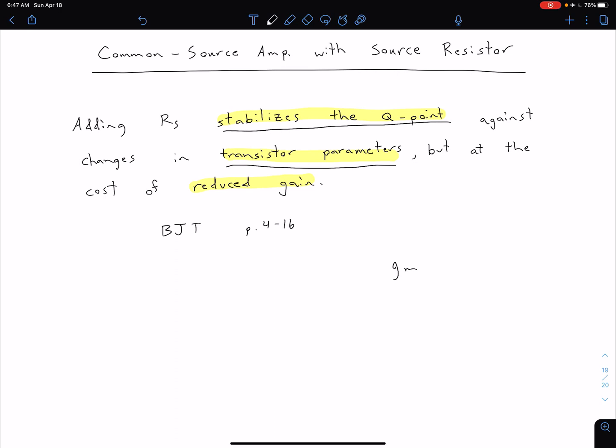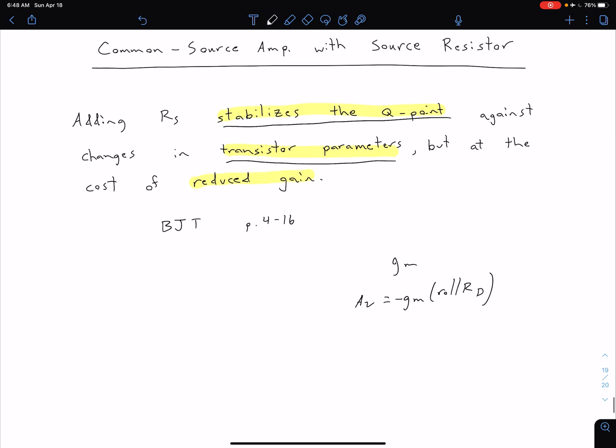As you recall from our previous example, we found that our voltage gain for that circuit was negative Gm times R0 in parallel with Rd. We could also see changes in that R0, depending on voltage and current conditions or ambient temperature. So as we see changes in those two parameters, we're going to see fluctuations in our voltage gain.